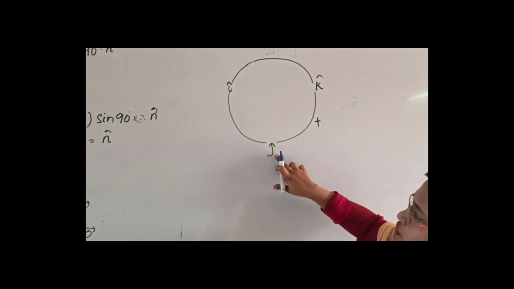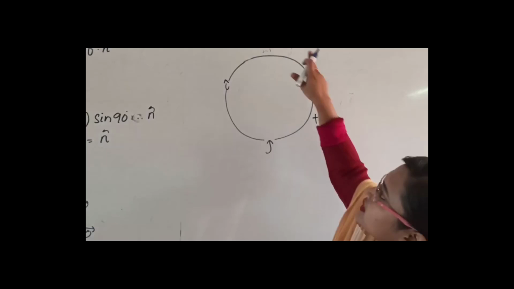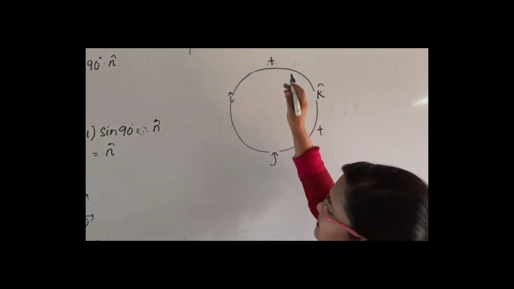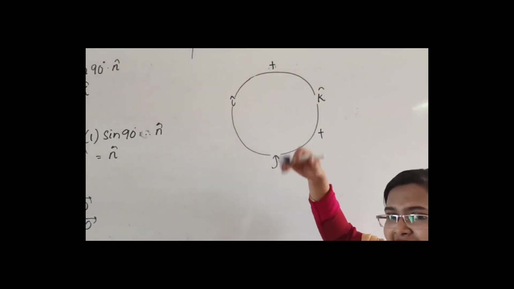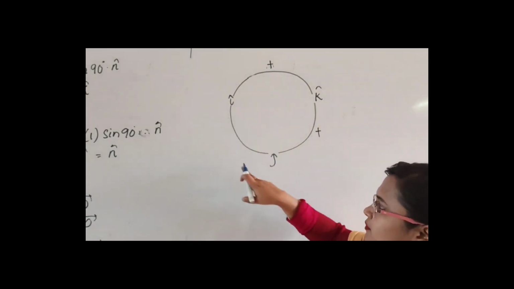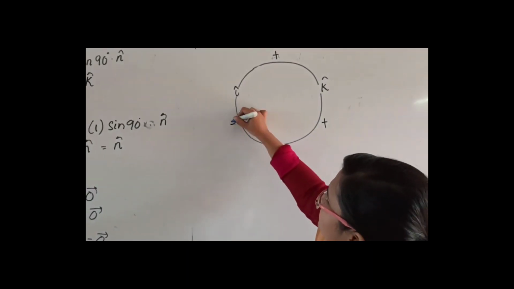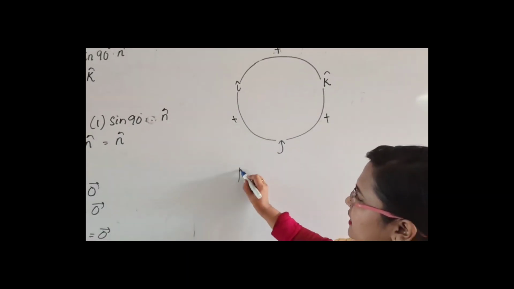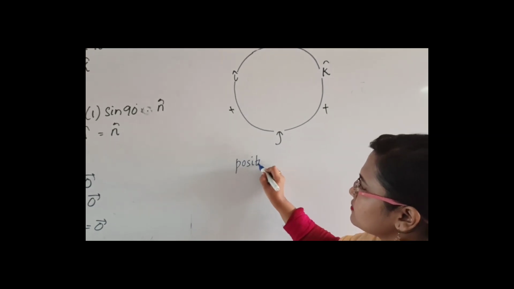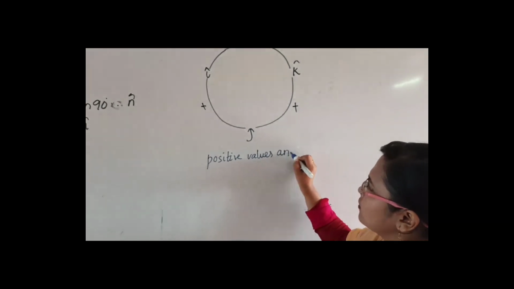I wish to find j cross k. I know j cross k will give the positive value of i cap. See how I am going in a cyclic manner, anti-clockwise. What about k cross i? It will give back j cap. K cross i cap gives back j cap. We get positive values going anti-clockwise.